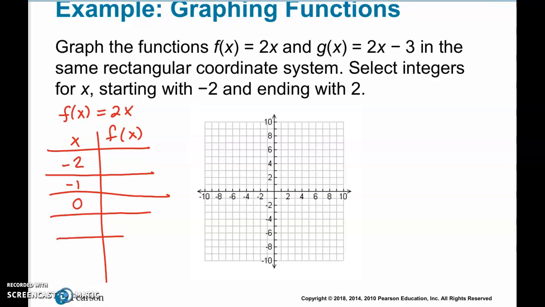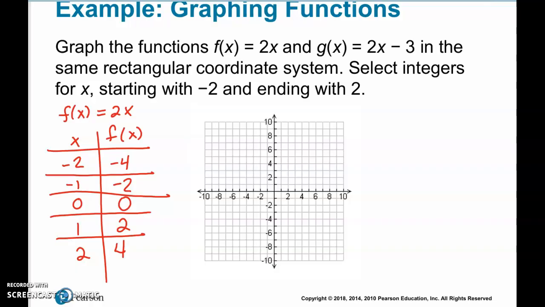So it's telling me what x's to choose. So when I input -2 here, 2 times -2 is -4. 2 times -1. So I'm putting in -1 for x now. I put in 0 for x, 2 times 0. And 1 for x, 2 times 1. And 2 for x, 2 times 2, or 4.